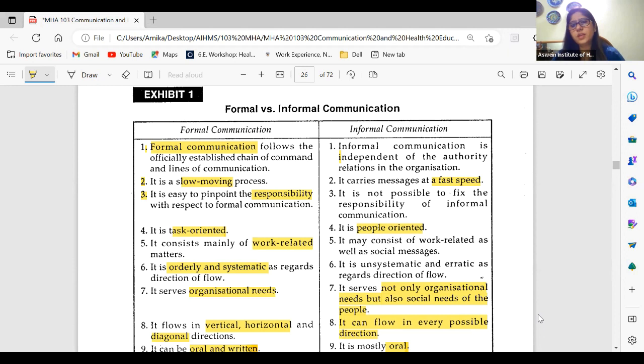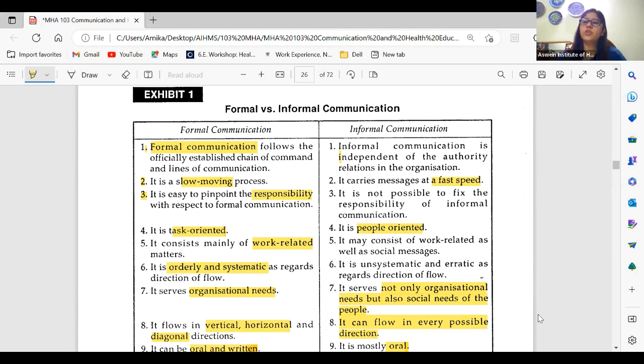Whereas if we talk about informal communication, there is no authority. Any form of informal network, whether it is a grapevine chain, a cluster one, or a probability one, anyone can follow informal communications.